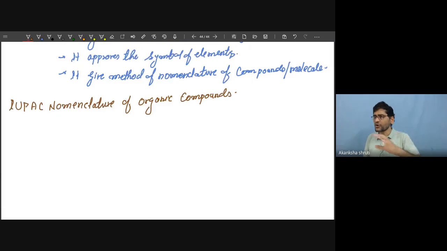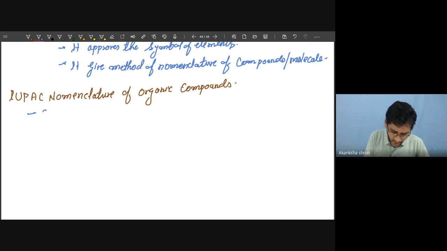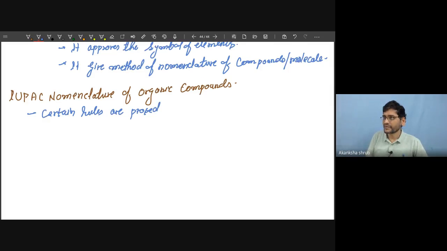Based on those rules, by changing the number of carbon atoms or changing the functional group, we can write the name of any molecule. So certain rules are proposed, and considering those rules, we give the name.